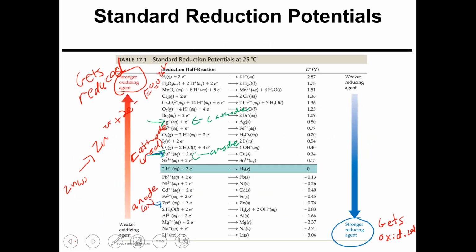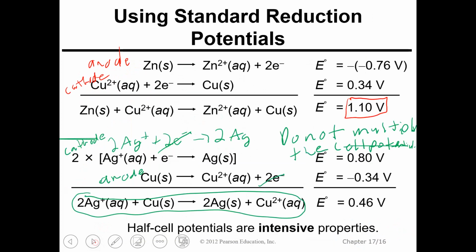So if we look back at our table, silver has a cell potential of positive 0.80, copper has a cell potential of positive 0.34, but since copper is our anode, we reverse the sign. So we do reverse signs, we just don't multiply the cell potentials by anything. So 0.80 plus a negative 0.34 gives us a cell potential of 0.46 volts for the cell. So we will stop here and we'll talk more about electrochemistry in the next video.